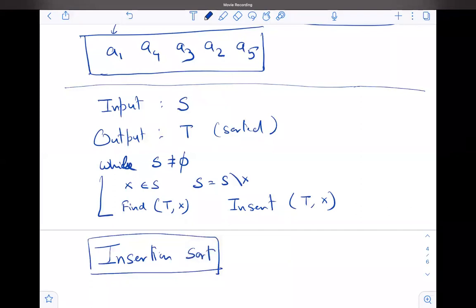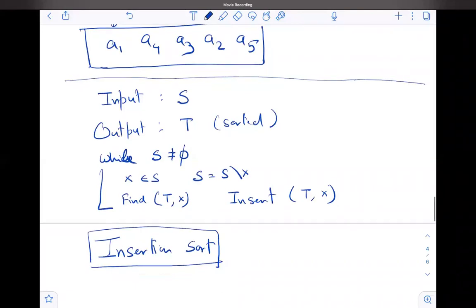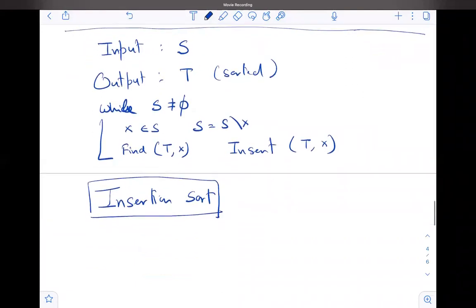Yes, sir. Can you prove that this will give you the correct answer? How will you prove it? For each step, it basically finds the correct position for that particular card, so it proves that the array will be sorted.